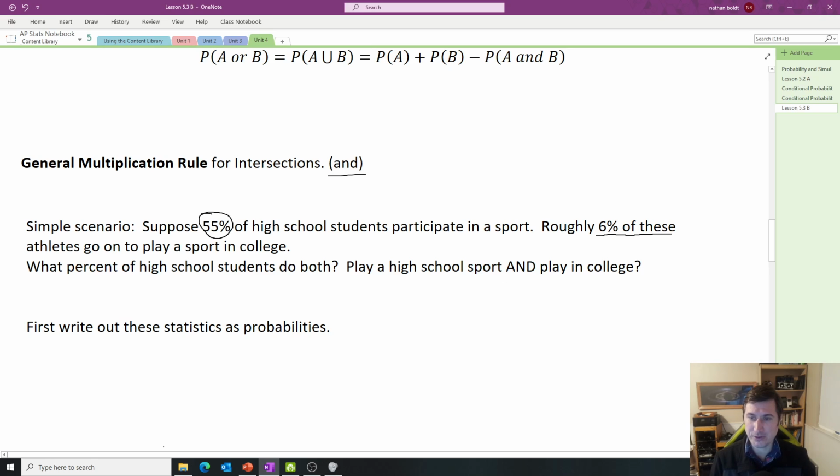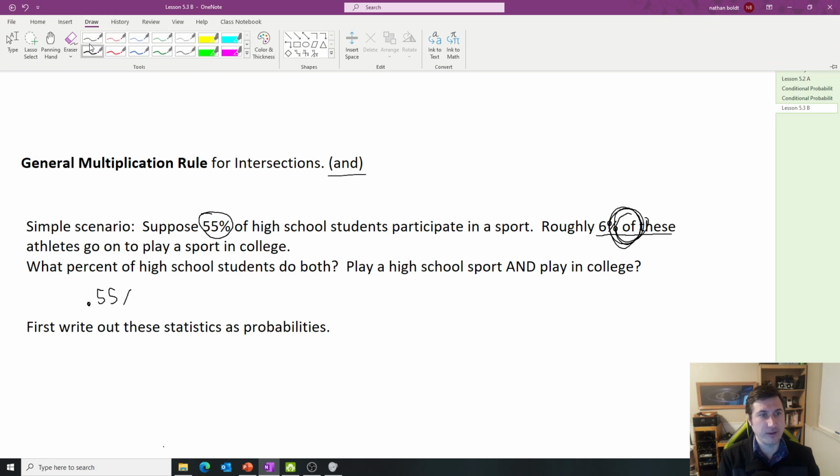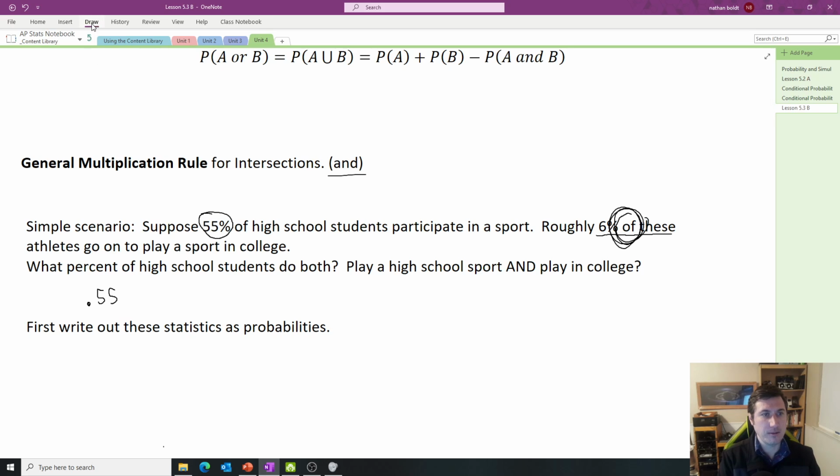Well, 6% of, remember what "of" means in mathematics? It means multiply. So we're going to take 55%, oops, that won't have the percent sign, will it? And multiply by 6%. That is 6% of the 55%. So we type that in and we get 0.033 actually.